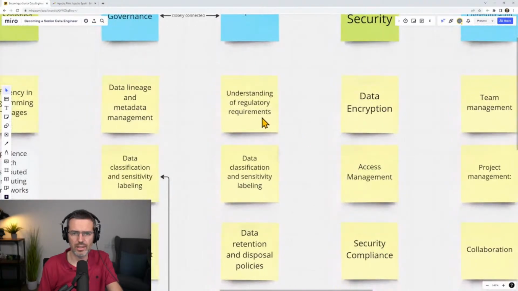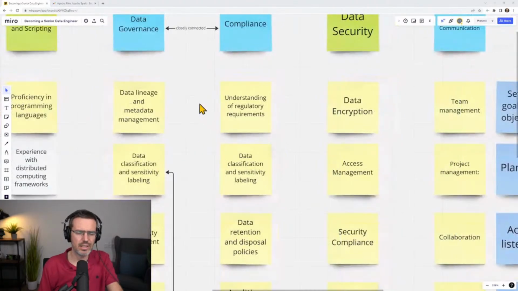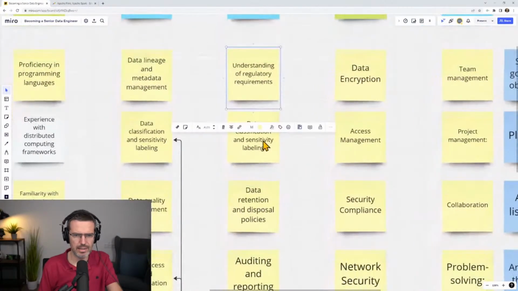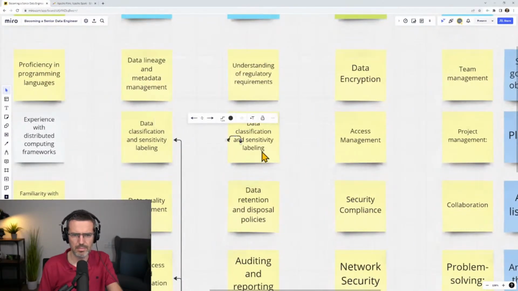So understanding of regulatory requirements means senior data engineers should be familiar with regulatory requirements that govern the collection, storage, processing, and sharing of data in their industry, such as HIPAA, GDPR, CCPA. So it's connected to governance, but more from the regulatory side. This is where the GDPR comes in, and I think we already talked about this. Let's gray this out here.